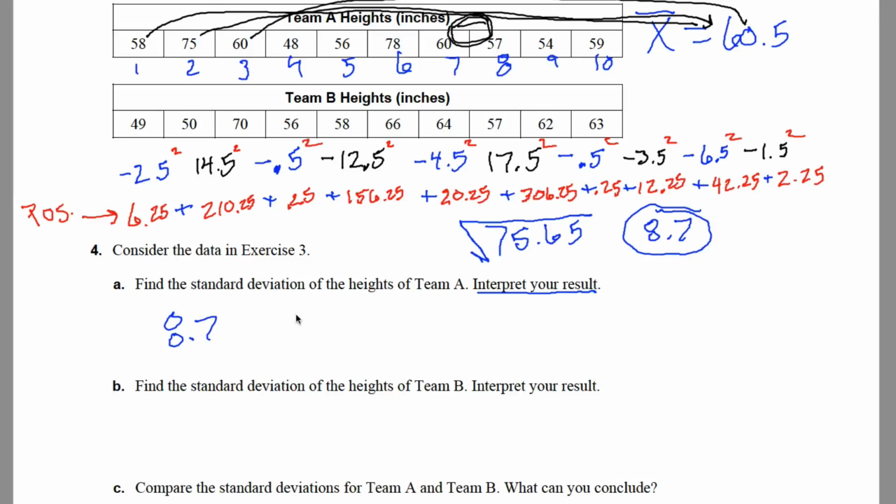So any score plus or minus from the mean, 60.5, what's 8.7 times 2? That'd be 17.4, but let me check on a calculator.